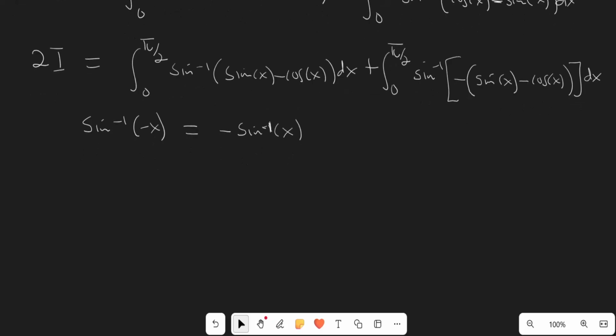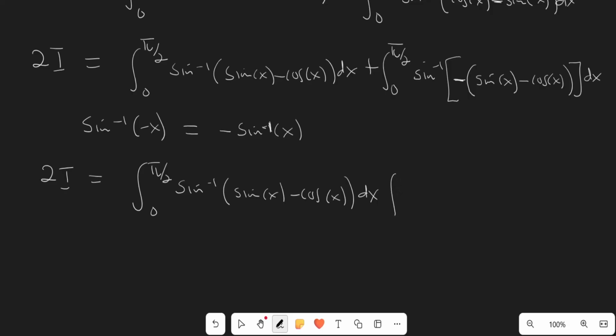So what that means is this 2I is equal to the integral from 0 to pi over 2 of sine inverse of sine of x minus cosine of x, all this dx. This is sine inverse of negative of this, so that is the same as the negative sine inverse. So it is the integral plus the integral from 0 to pi over 2 of the negative sine inverse of sine of x minus cosine of x dx.